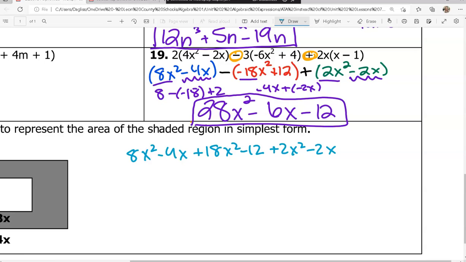So if you have a minus out front, if you distribute that through, all of your signs change. So that's doing the same thing. You can do that if you want to. And then you have 8x squared plus 18 plus 2, which still gives you 28x squared. And then you have negative 4 minus 2, which is your negative 6. And then you have your negative 12 there. Okay, so a couple of different ways to treat that minus sign.